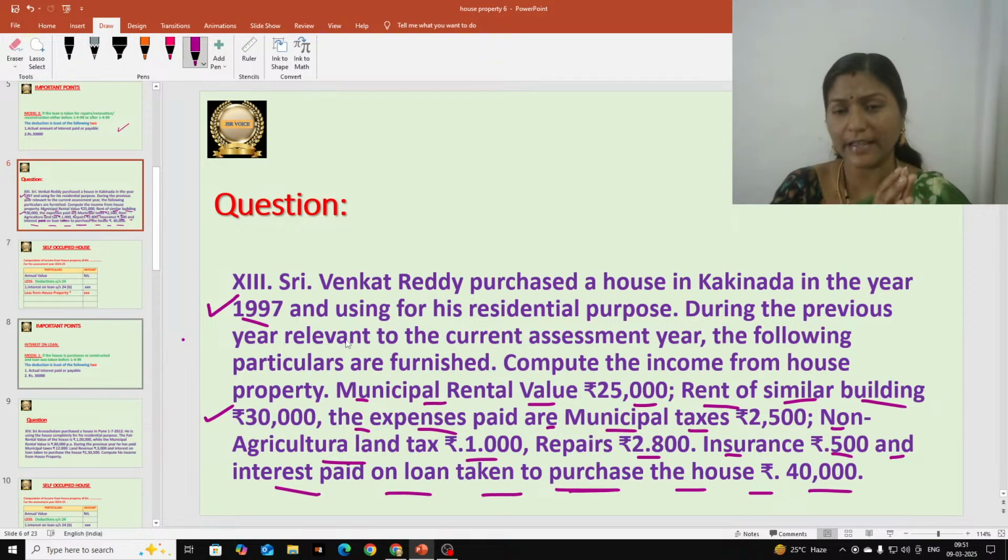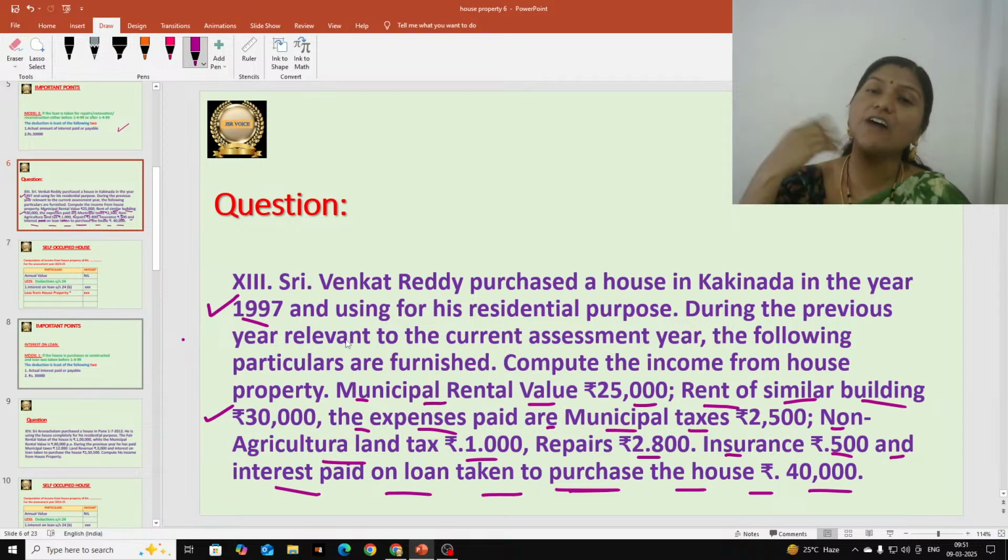We should see whether he took the loan before 1-4-99 or after 1-4-99. Here the loan is taken during the year 1997, so he has taken the loan before 1-4-99. Before that period he took the loan.